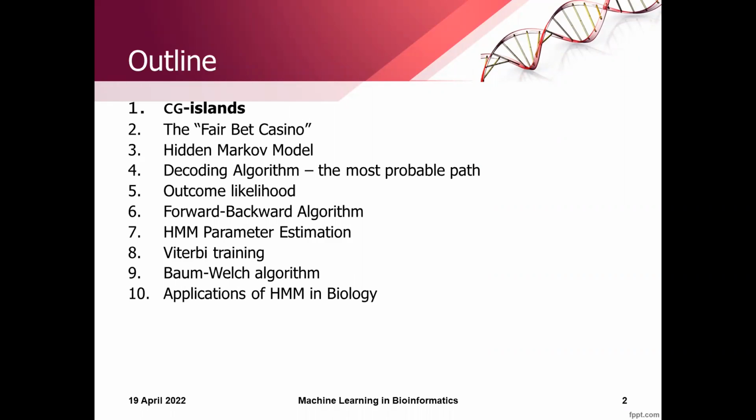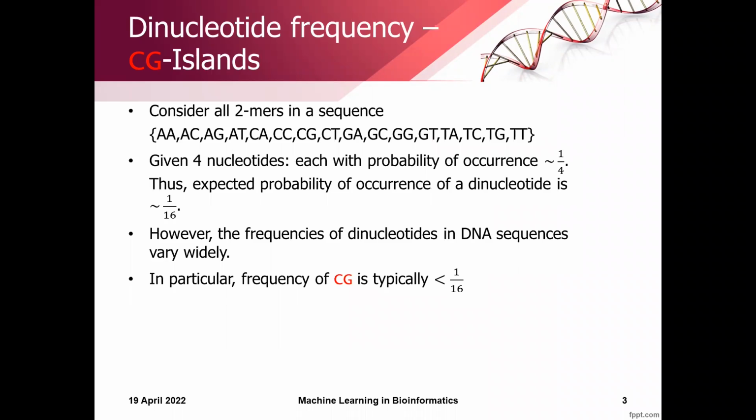Then I will introduce the model, and I have some examples which are from the most usual literature, so casino examples, and then the derivation for the Markov models, and derivation for the algorithms: the decoding algorithm for finding the most probable path, then the forward-backward algorithm, and the last part is mainly on estimating the parameters for hidden Markov models.